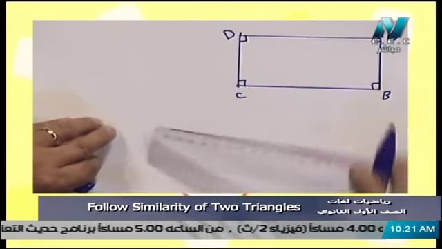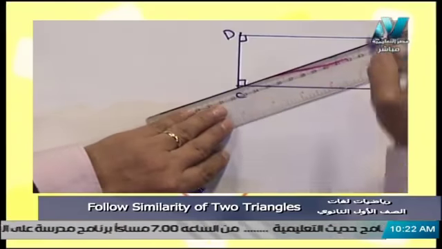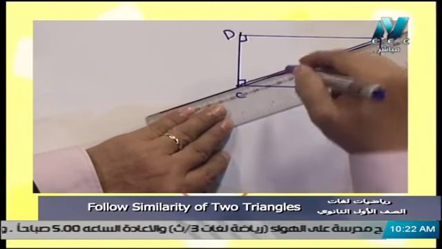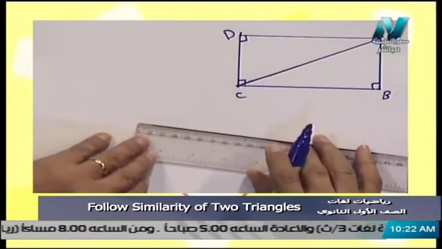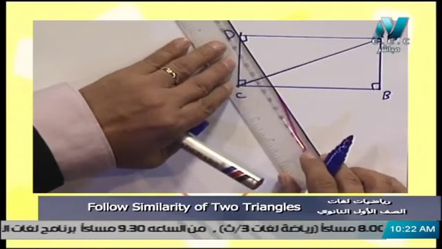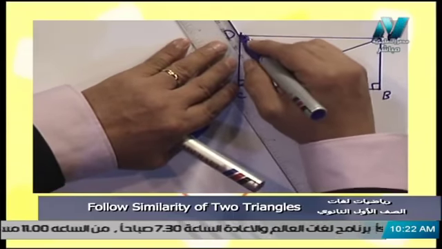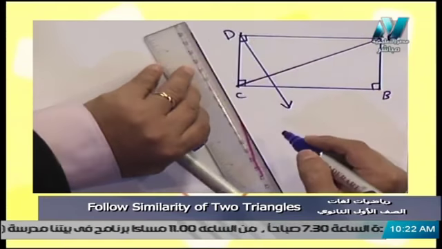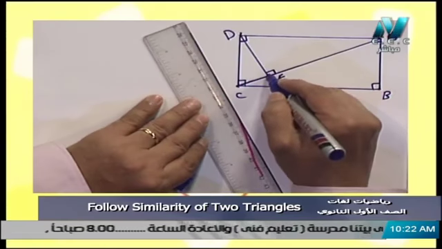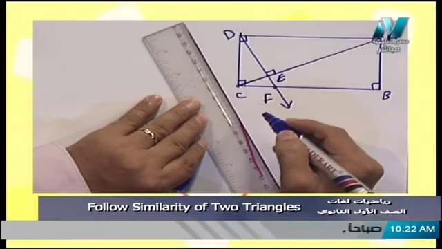And let us join AC, the diagonal AC. Okay, and let us draw a perpendicular from D, a perpendicular ray like that, from D to the point E, and let us call this point F.